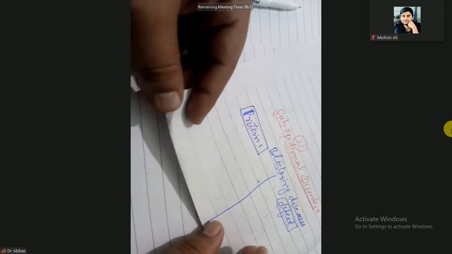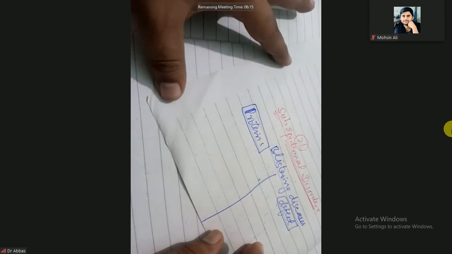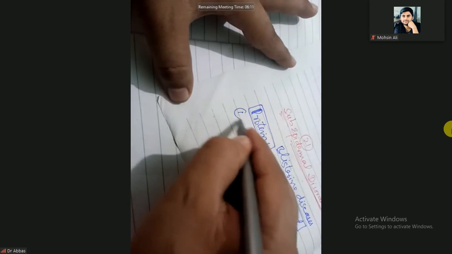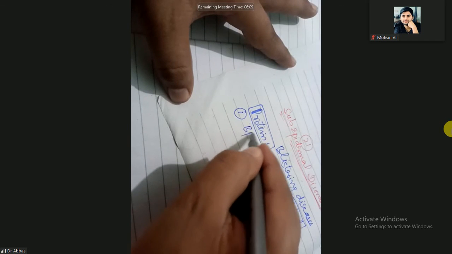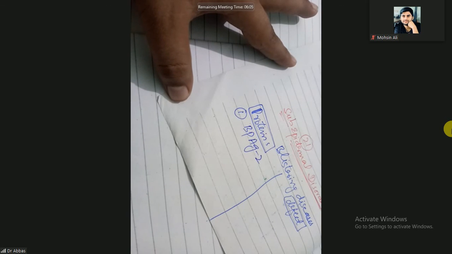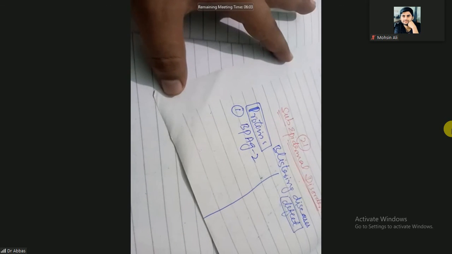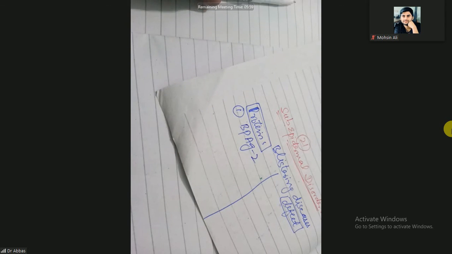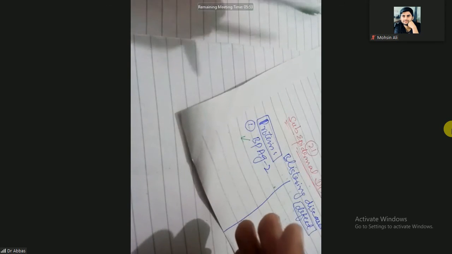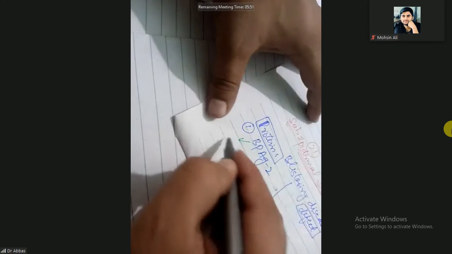Keep in mind, when there is a defect of the first protein, that is BPAG2, what does it stand for? BP means bullous pemphigoid.